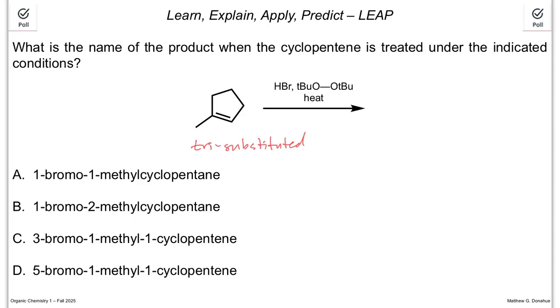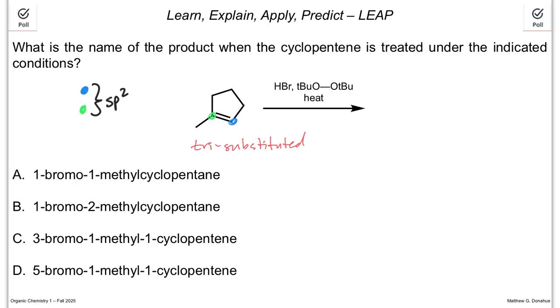So let me color these a little bit different. So those are the 2 carbons of the alkene.